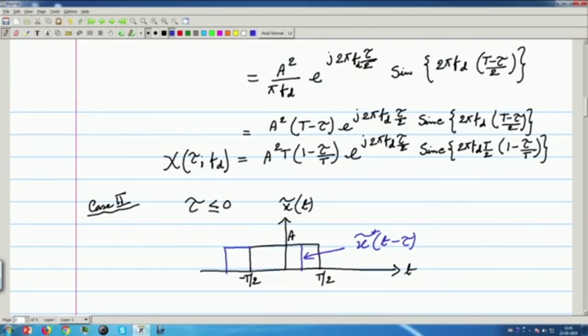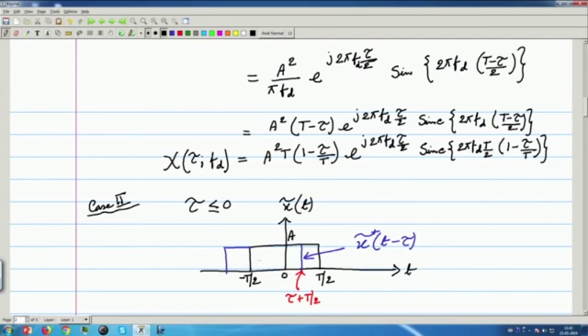So, we need to find out this point, which will be tau plus t by 2 with respect to the 0 here.